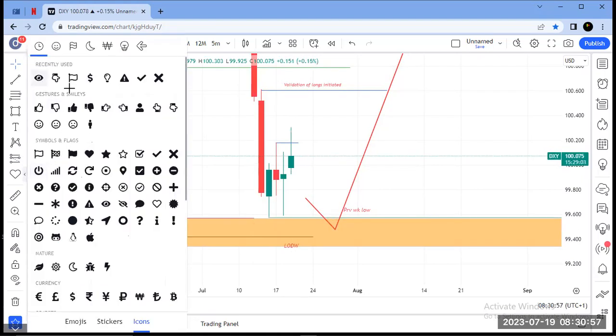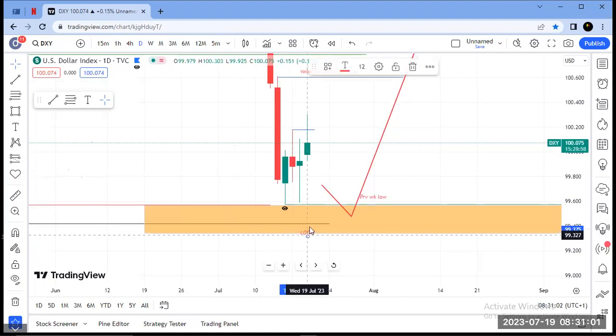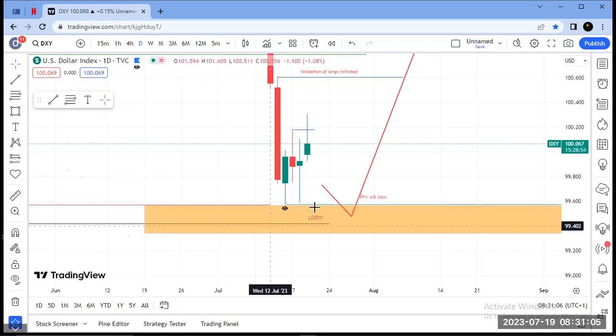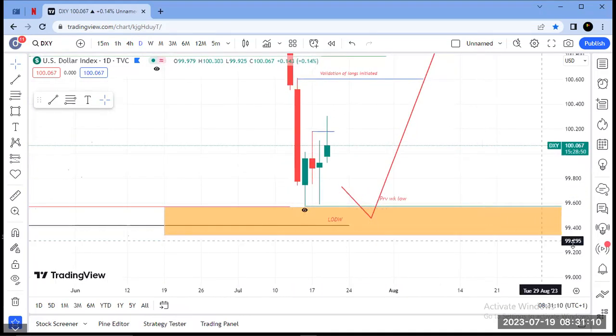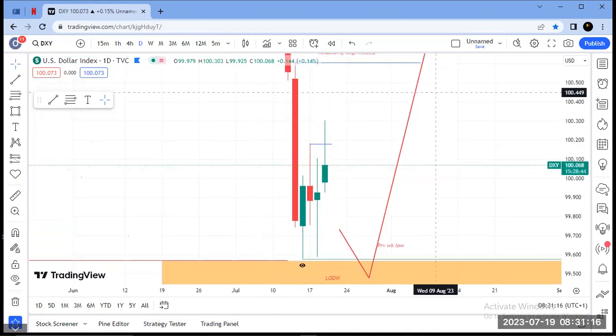So I'm really not looking at that. Before this week even started, I pointed here to be my low of the week. So this is the range I'm looking for, the low of the week before the week even started.